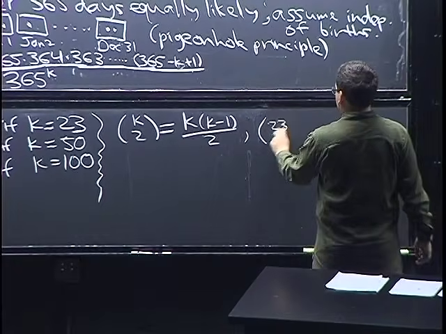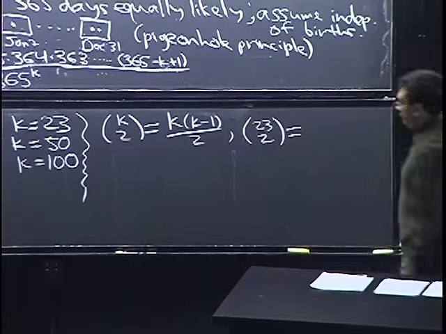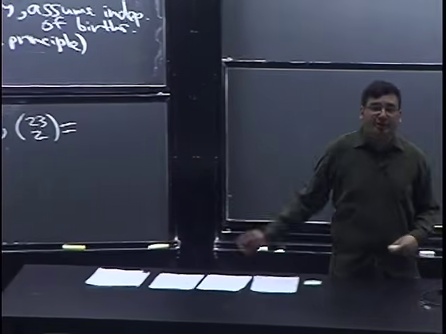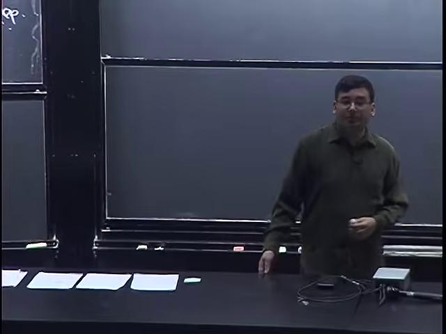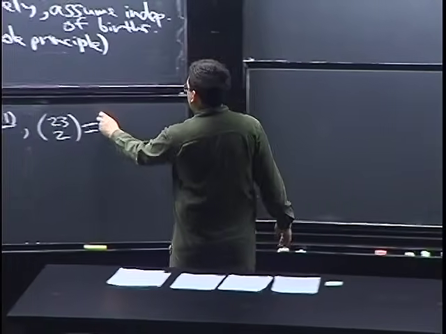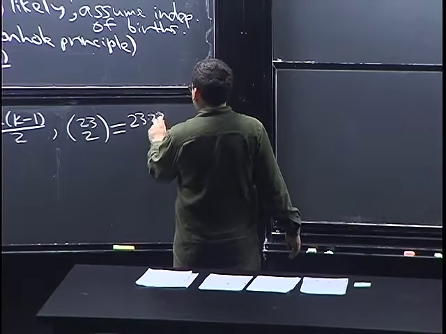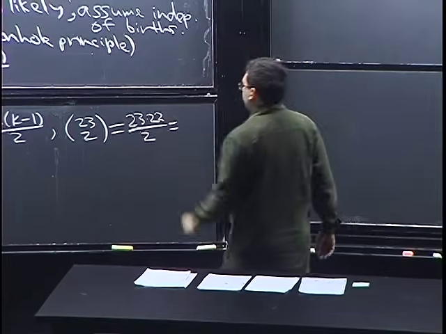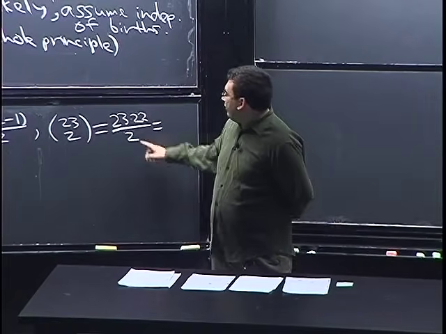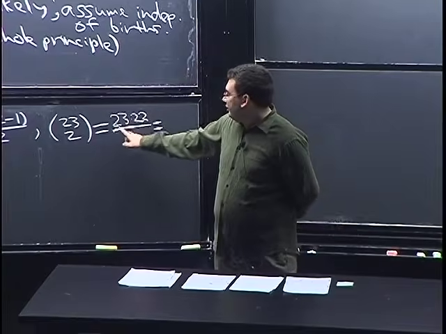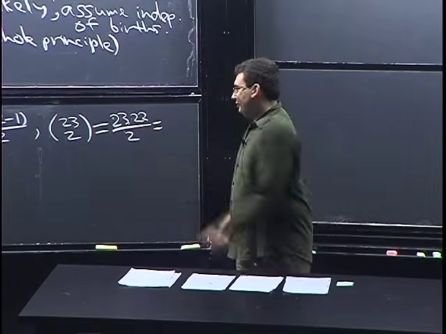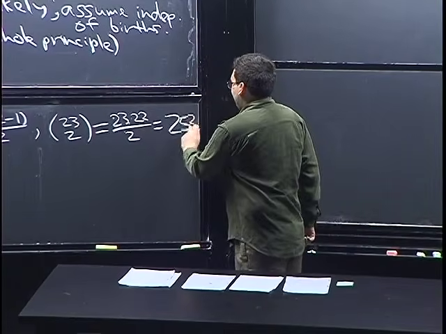For example, if we do 23 choose 2, so we said that it's just above 50% if you have 23 people. 23 choose 2 is 23 times 22 divided by 2, 23 times 11. Does everyone know how to easily multiply by 11? Add the 2 and the 3 and put it in the middle, 253. Okay.